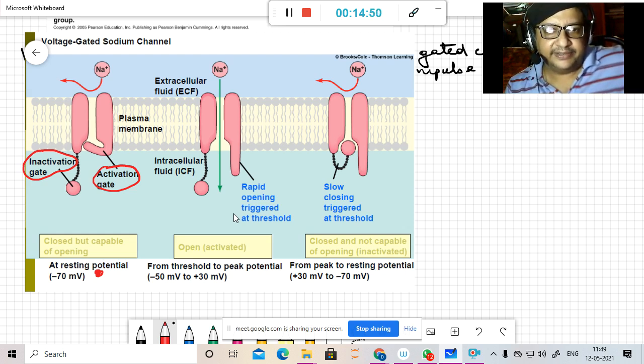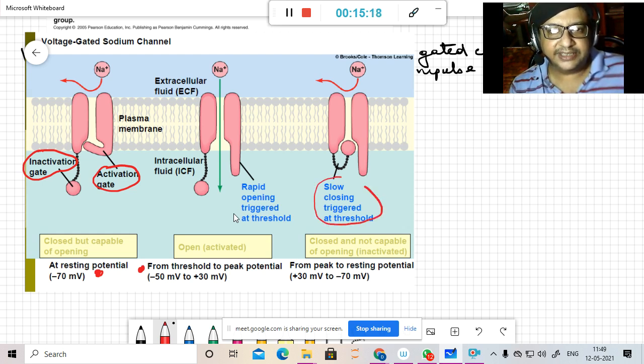Then from the threshold to peak potential, minus 50, you see the channel opens. A slight change in voltage, the activation gate opens, and sodium enters inside. When it has reached plus 30 millivolts, when the membrane has depolarized, the inactivation gate closes, and sodium cannot enter anymore.